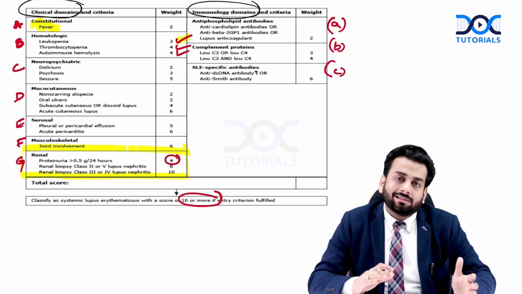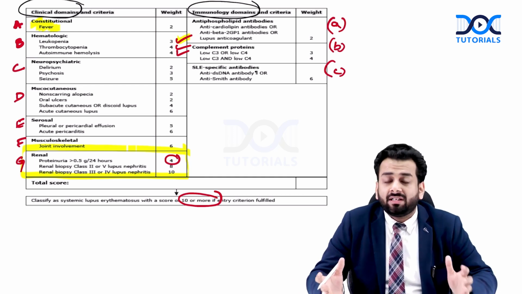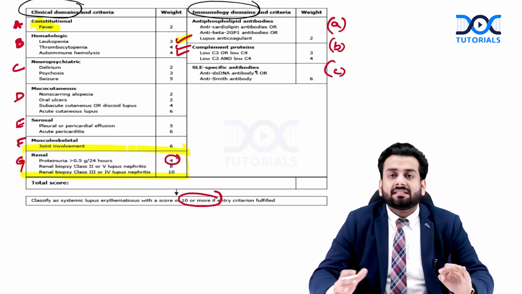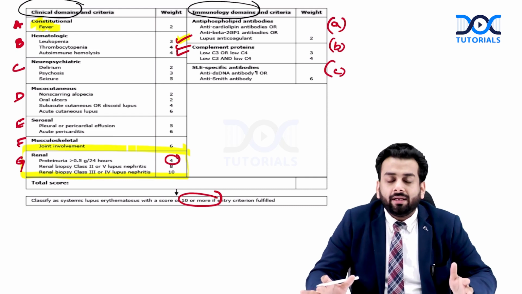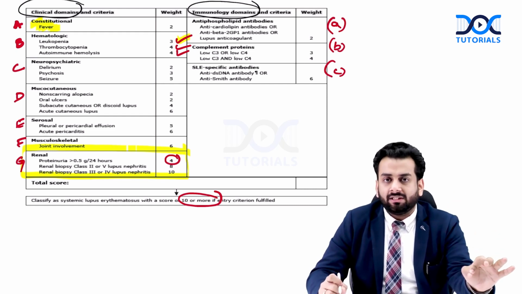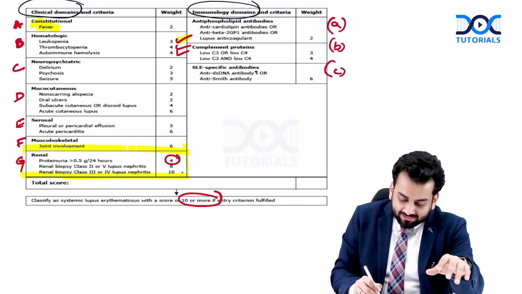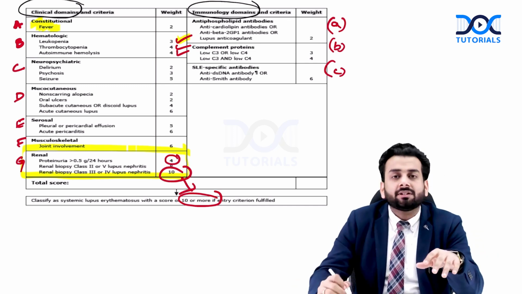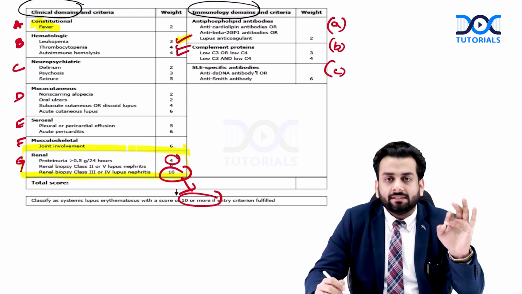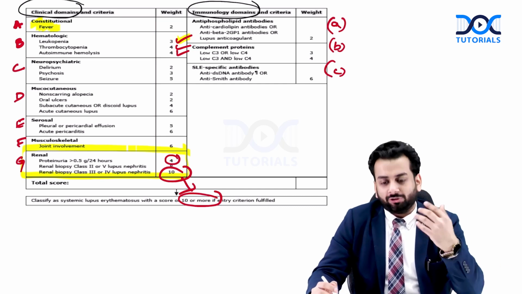And if he has class 3 or 4 lupus nephritis on biopsy, that is proliferative category, has been given the maximum weightage, that is 10 points. So to say, if a patient has class 4 lupus nephritis or class 3 on biopsy, does he need any other criteria? No, because that itself will fetch you 10 points. So that is itself to label a patient as having SLE. Of course, with the entry mandatory criteria, that is ANA positivity.